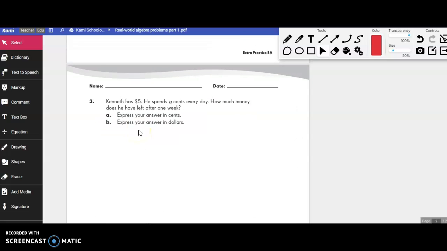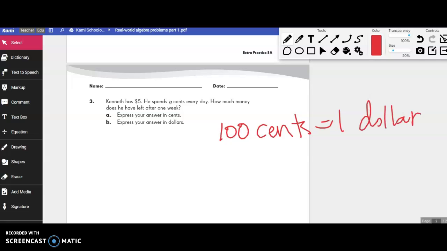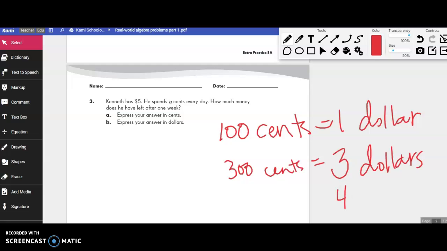I should say with 3, remember that there's 100 cents in $1. So if I have, say, $3, I can multiply by 100, and that's 300 cents. Or if I have $4.55, that's the same thing as 455 cents. So keep that in mind.